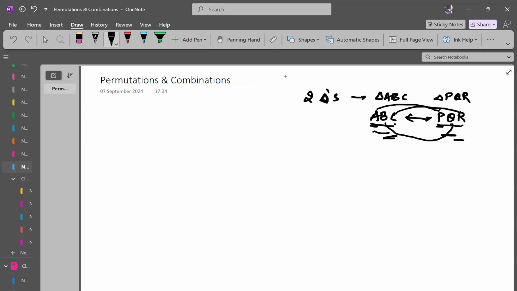But the problem is, is this the only possible combination we can have? Do we have only AB corresponding to PQ? No. As per this correspondence, AB will correspond to PQ. But what if AB corresponds to QR? So this correspondence doesn't tell you that.